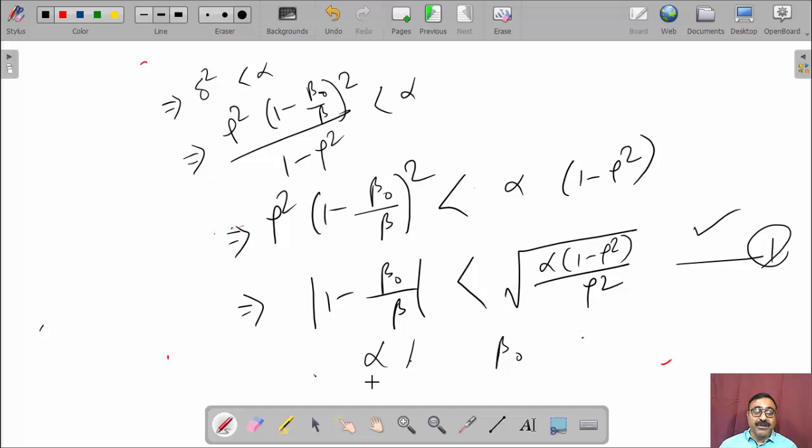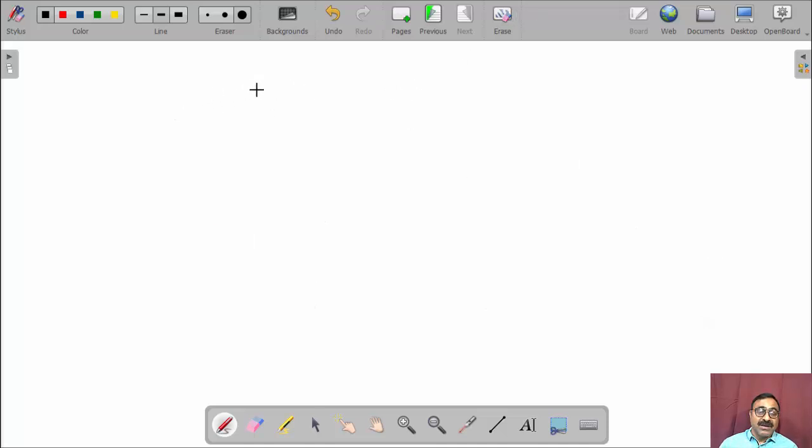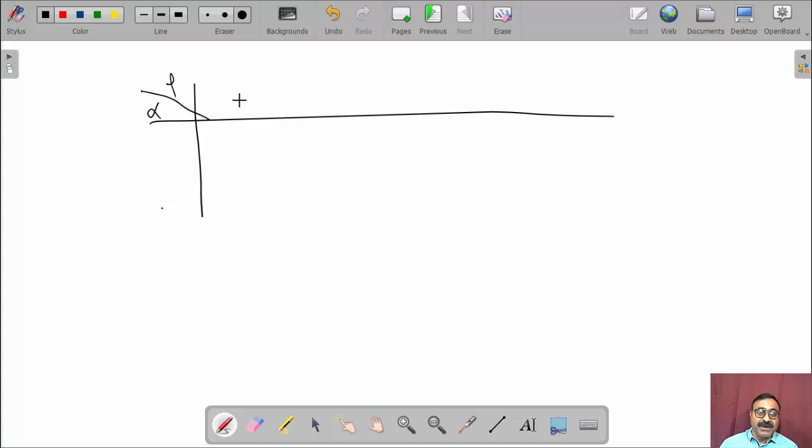Now we can make a table showing the value of δ for different values of α and ρ. Here we can take ρ as 0.3, 0.4, 0.5, 0.6, 0.7, 0.8. Here α we can take 0.05, 0.1; 5%, 1% we generally choose.